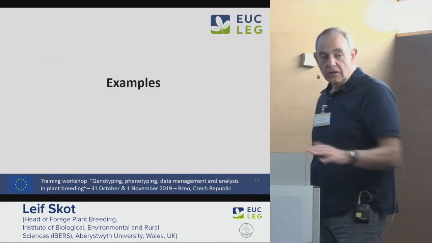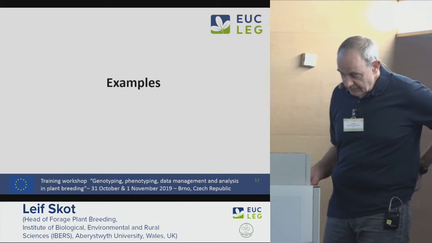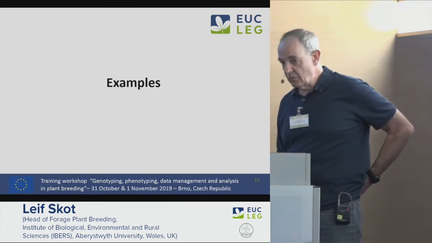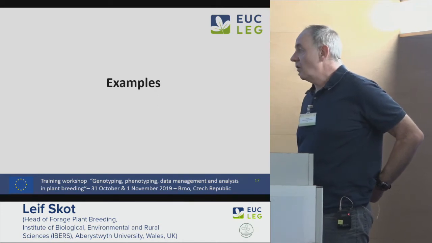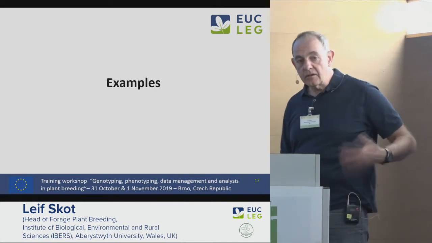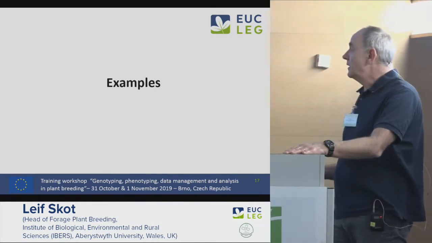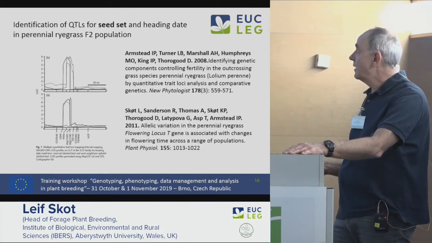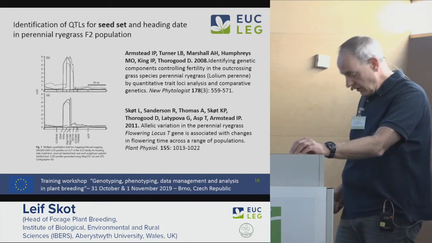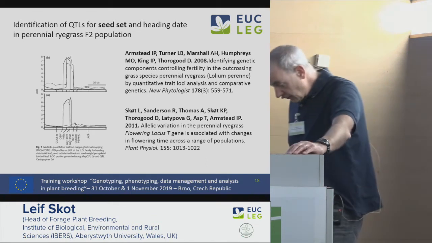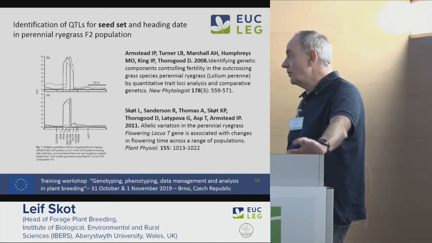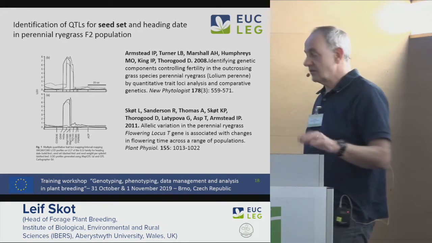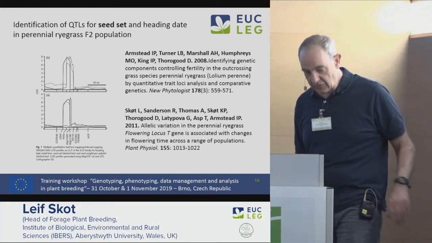So I'll now go on to some examples that I have taken from work that has been carried out at IBERS or in collaboration with other institutes. So the first one goes back to some work we did on ryegrass. I'm sorry, it's not about red clover or alfalfa, but this is the best example I could find.